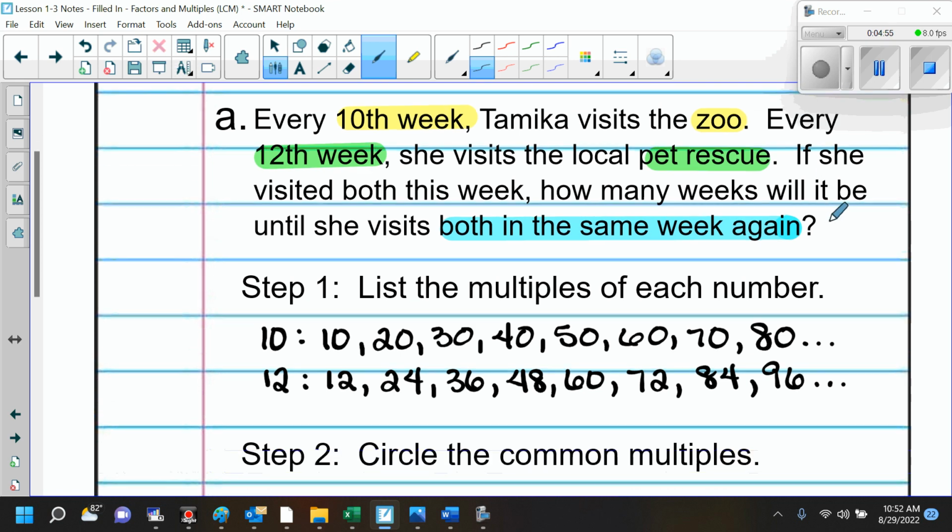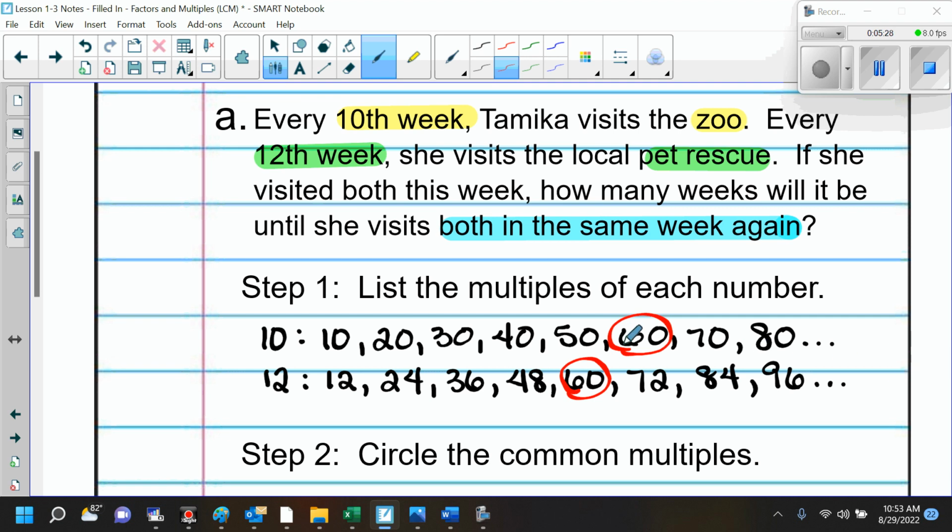All right. So now, step 2, we're going to circle the common multiples, okay? So common multiples we have, let's see, we've got 60, right? 60 and 60. That's it. So if I kept on going, would there be more? Yeah, there would be more.